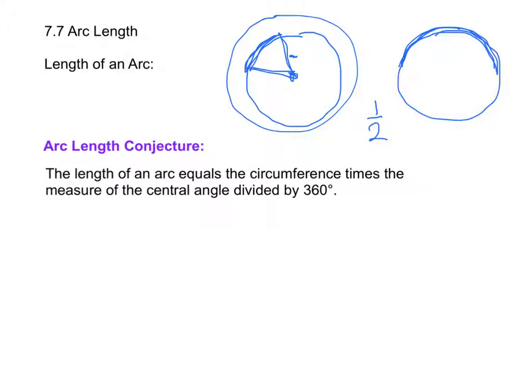So essentially your formula is length equals the circumference times the measure of the central angle, which we can call A, divided by 360. So you need two different types of information to solve this problem.